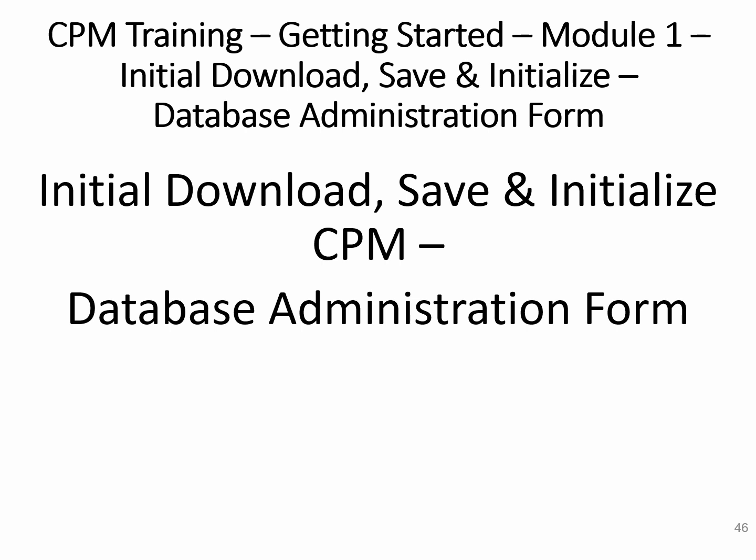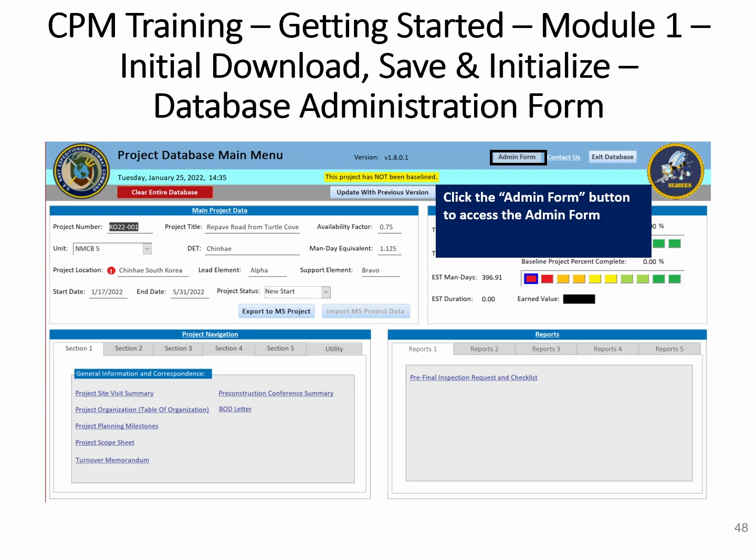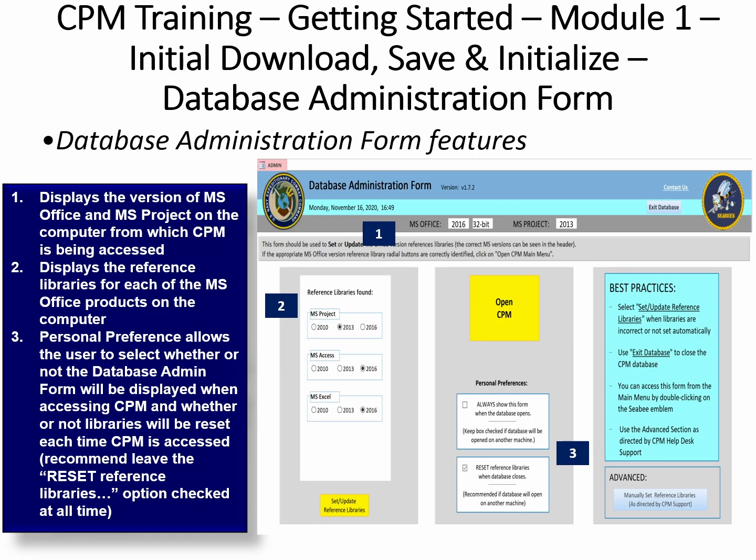Database administration form. Like I said, you click on admin form. This form comes up. It will tell you what version of Office you're using, what version of Projects you're using, if you have Projects. If you don't have Projects, that is fine. You can still open your CPM database without Projects.